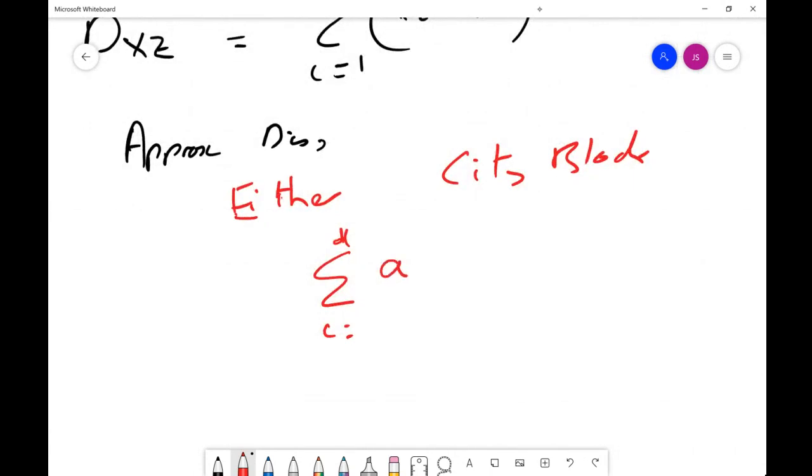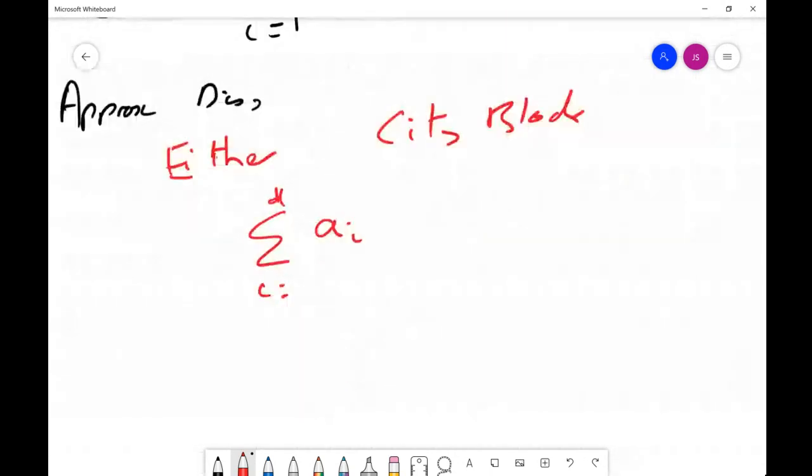And so we take xi minus zi, all dimensions, and we don't square it.